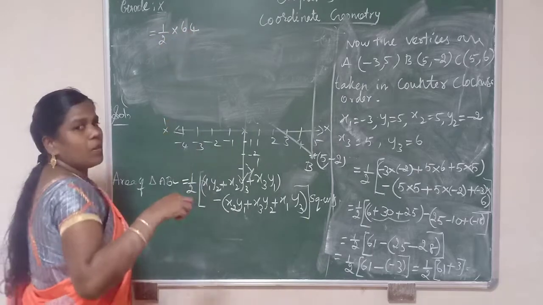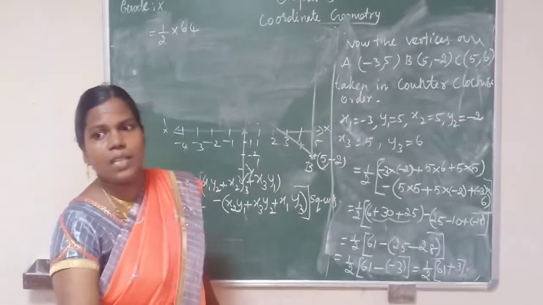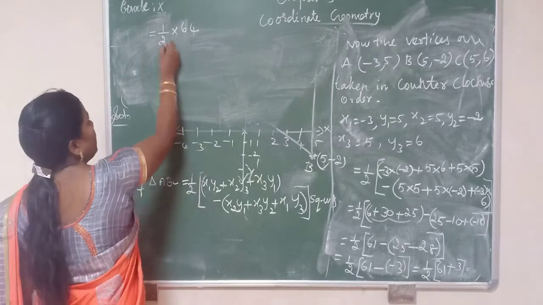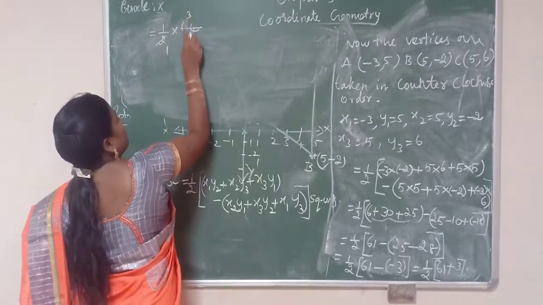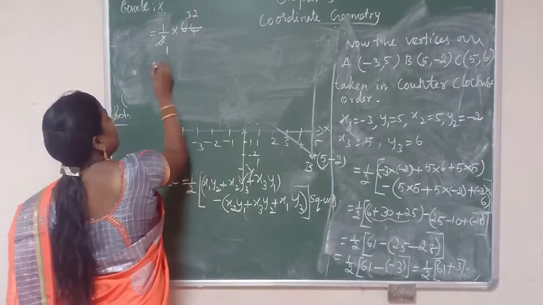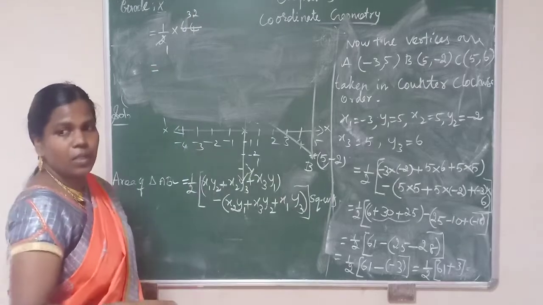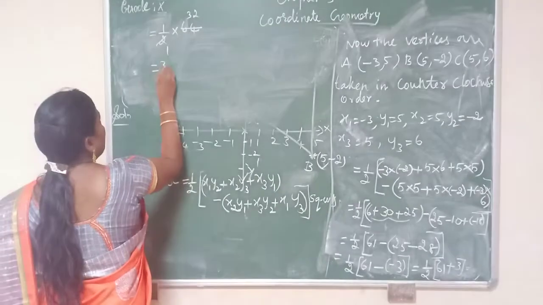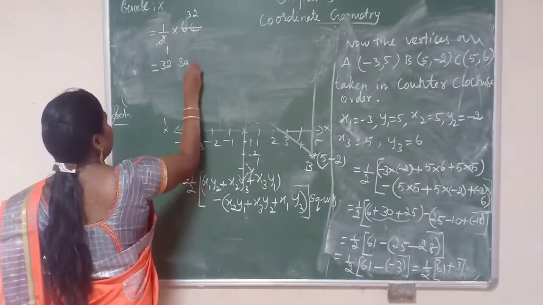If it is possible to cancel, we can cancel that. So using the 2 table: 1 two is 2, 3 twos are 6, 2 twos are 4, which is equal to 32. With the unit we have to write 32 square units.